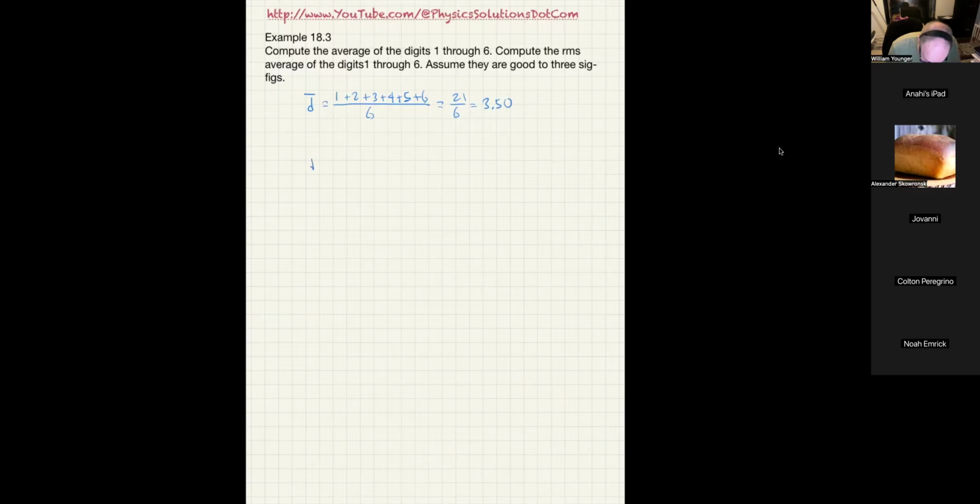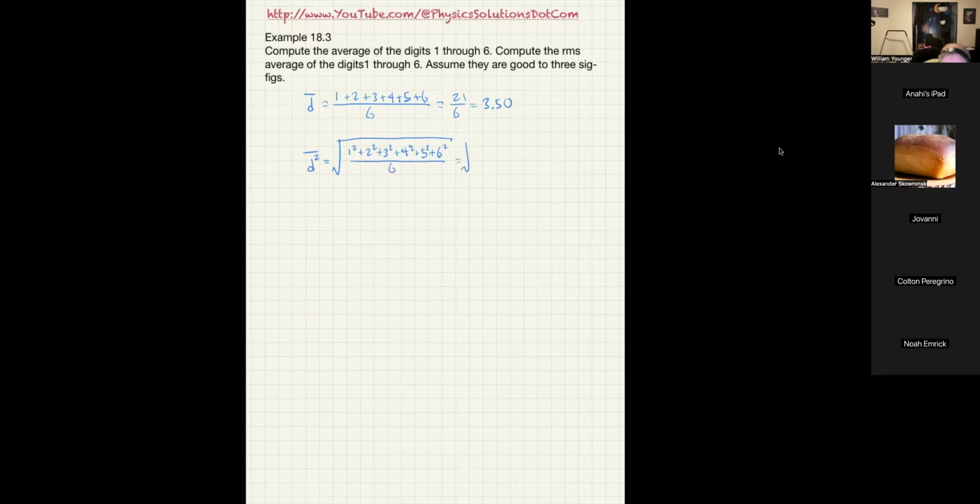Now I'm going to compute the root mean square of the digits. The way I'm going to do that is I've got to take the square root of all this, but instead of adding up 1 2 3 4 5 6, I'm going to add up 1 squared plus 2 squared plus 3 squared plus 4 squared plus 5 squared plus 6 squared, and I'm going to divide all that again by 6.